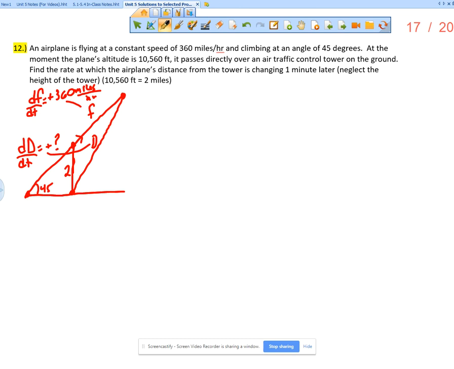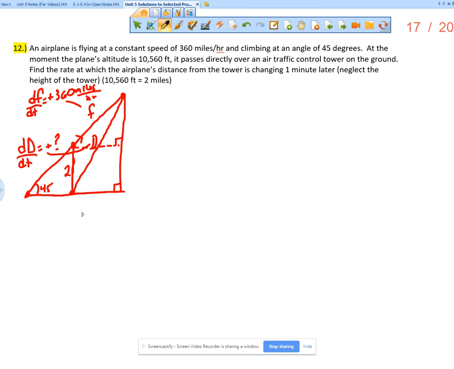Now, this picture is kind of confusing because it's like, well, what is this angle? How do I deal with this? So what we actually want to do is drop in the altitude here, and then think about what we actually have going on. If I were to draw in a horizontal line here, we also have a right triangle there.